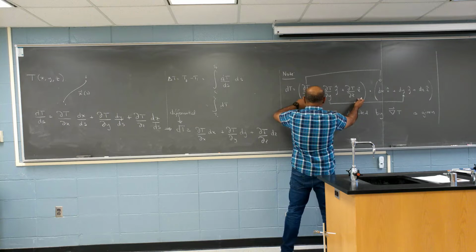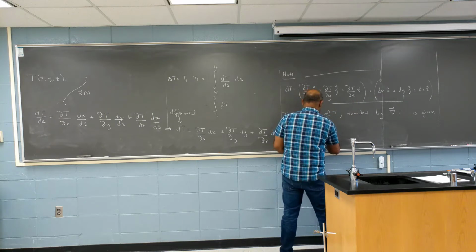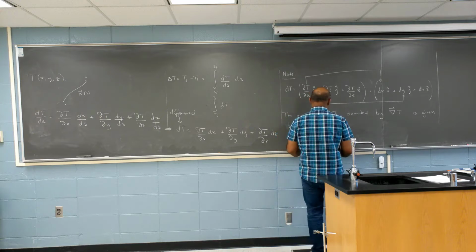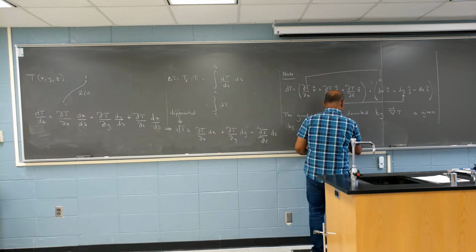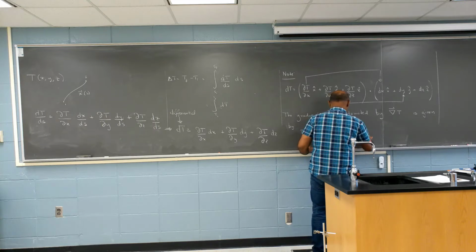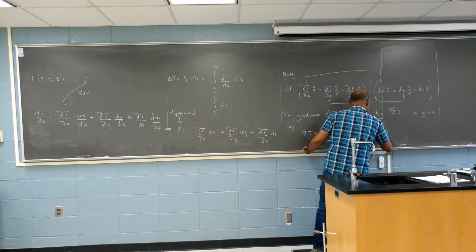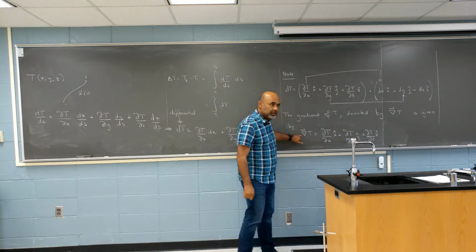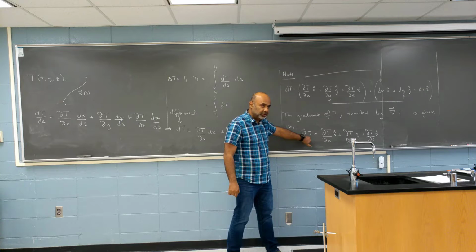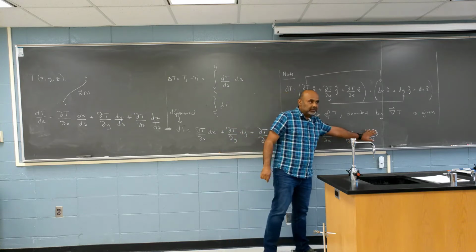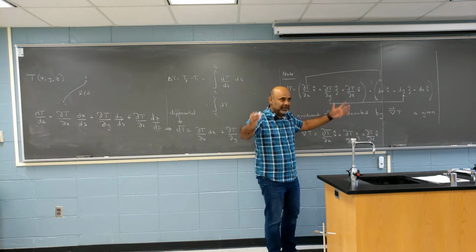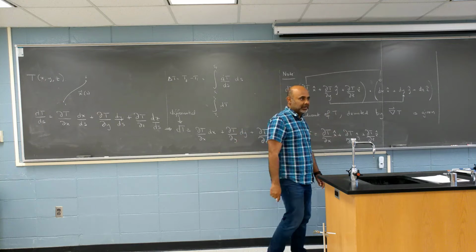Well, precisely this guy. So gradient takes a function and creates a vector. Well, a vector field, a vector at every point in space.